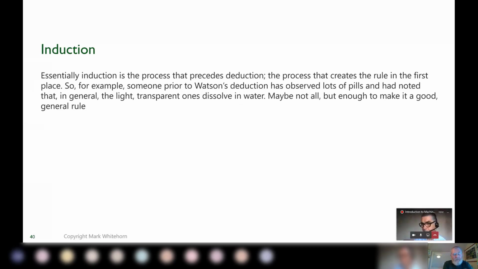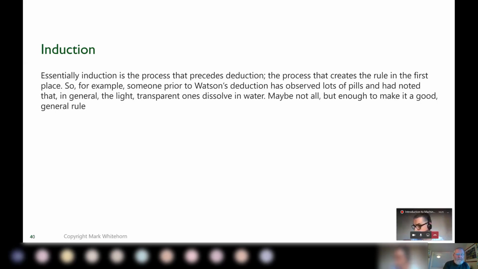Somebody sat with lots of pills, popped them into water, saw which ones dissolved, and said, if they're translucent and they're light, they generally dissolve well. If they're heavy and opaque, they don't. Somebody made a lot of different observations and created that rule, and that is called induction. Induction is creating the rule.